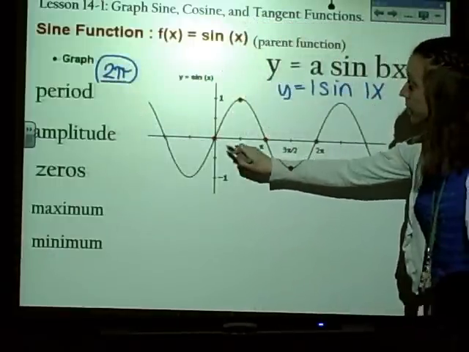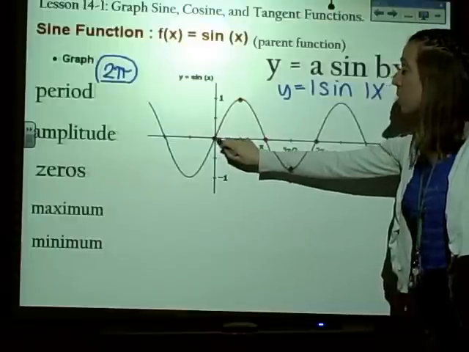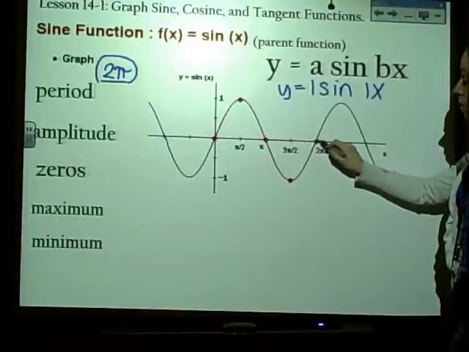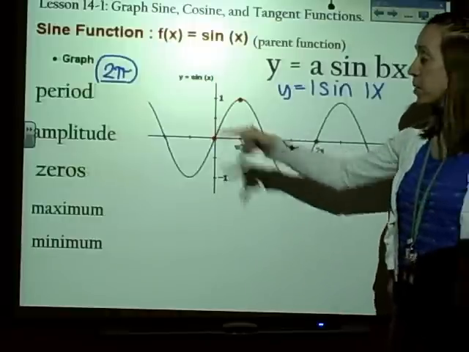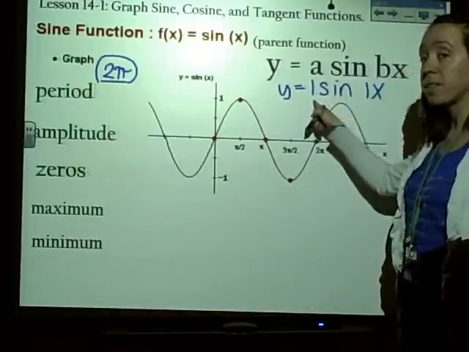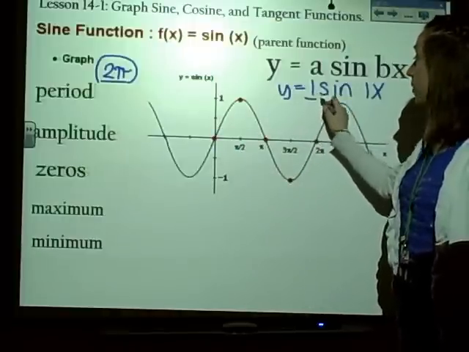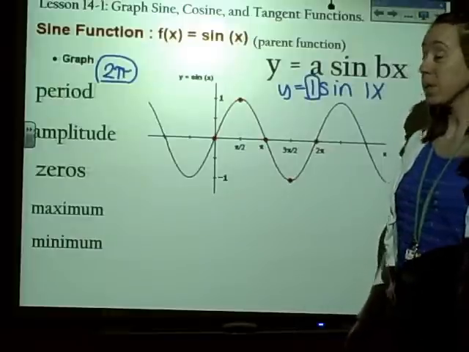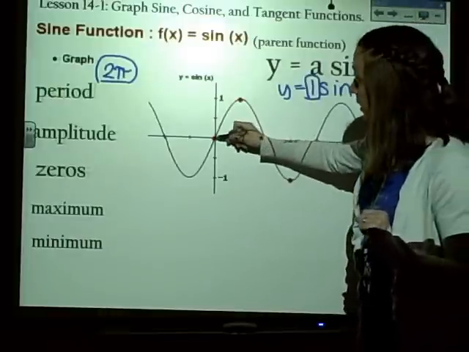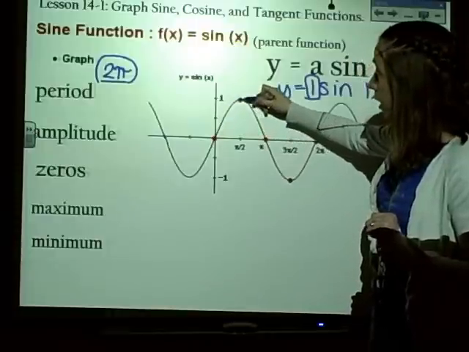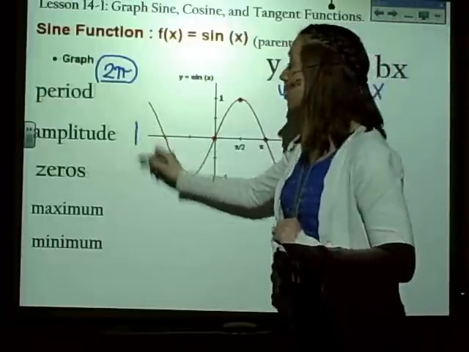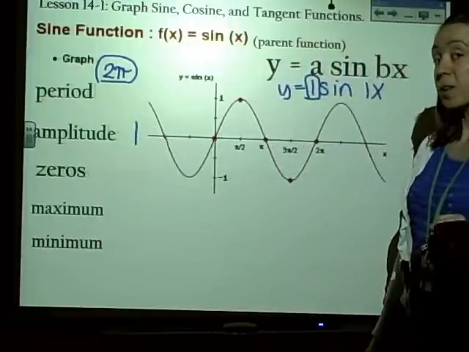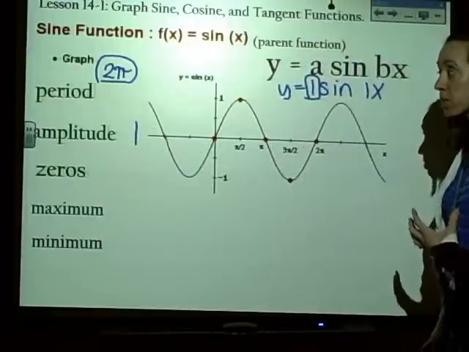And you guys can see that that's correct. We start at 0, and one cycle of that graph goes from 0 to 2 pi. The amplitude is what's in front of the actual sine. There's a 1 in front of sine, even if you don't see it. And you guys can see our function goes up to 1 and down to -1. So our amplitude is 1. And again, these are all the properties of the parent function.